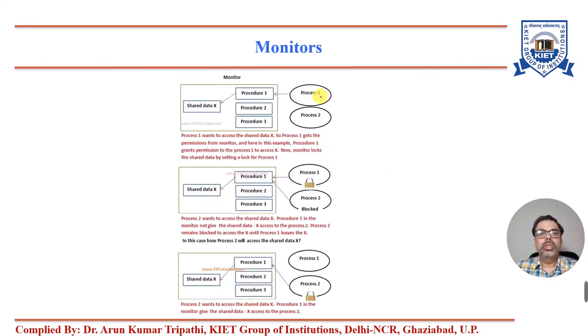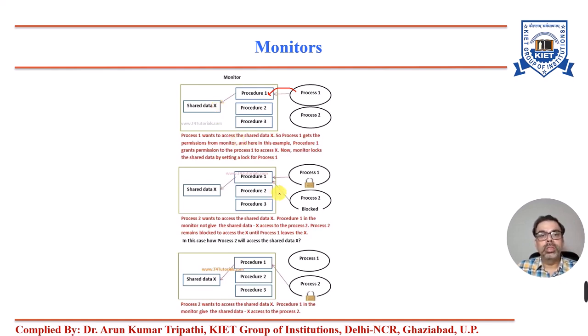So here, a process that wants to access the shared variable will first make a request to the procedure, and then the procedure will check the shared variable value. If no other process is executing in the critical section, it will be allowed to enter.